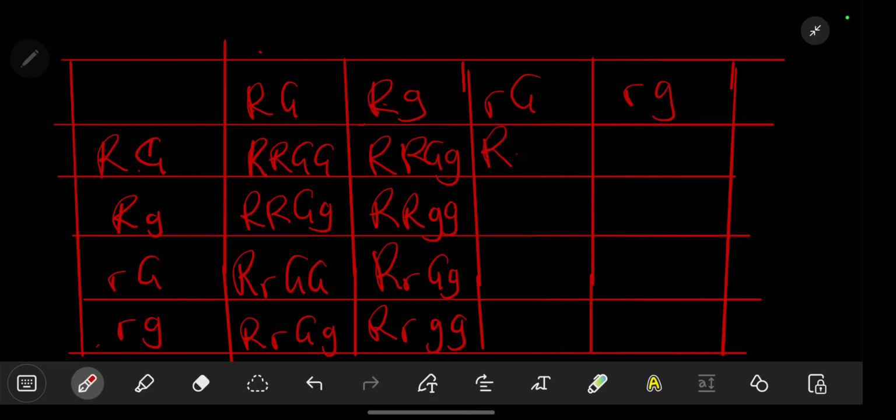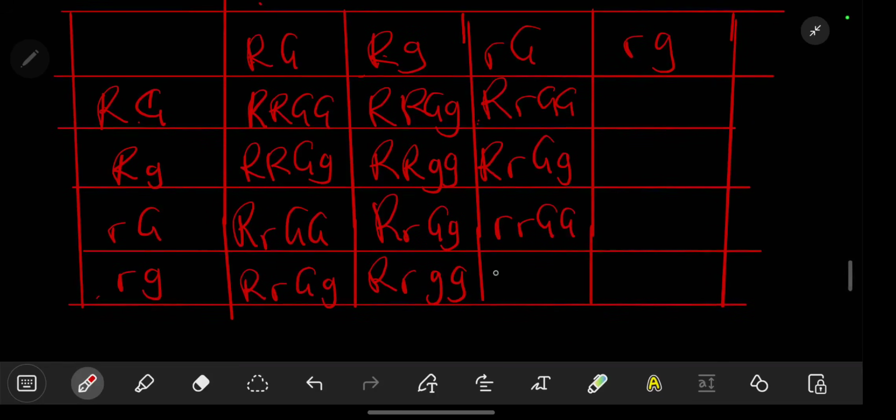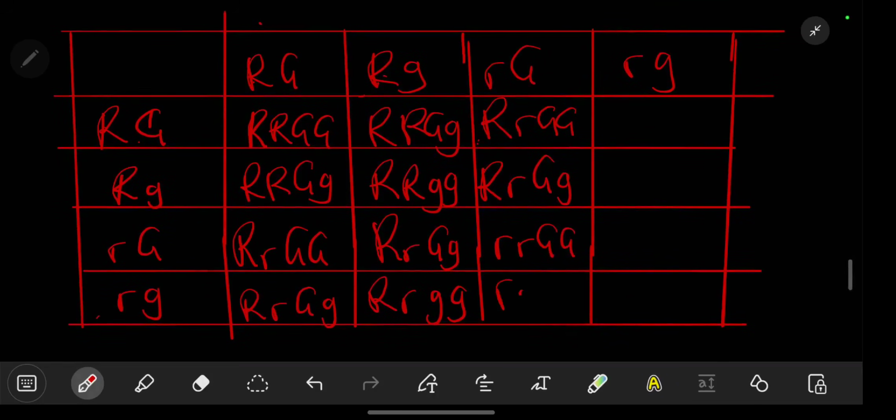So we are here, our big R, small r, big G, small g. Then we have our small r, we have our G, G, like that. Then we have our R, big G, small g.